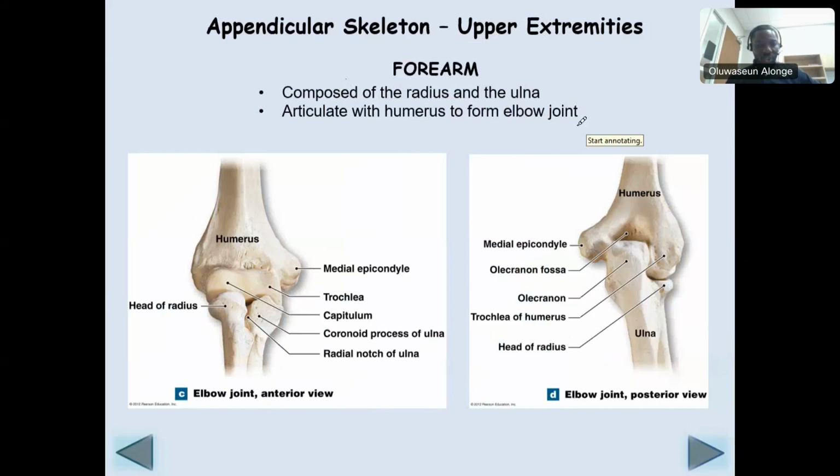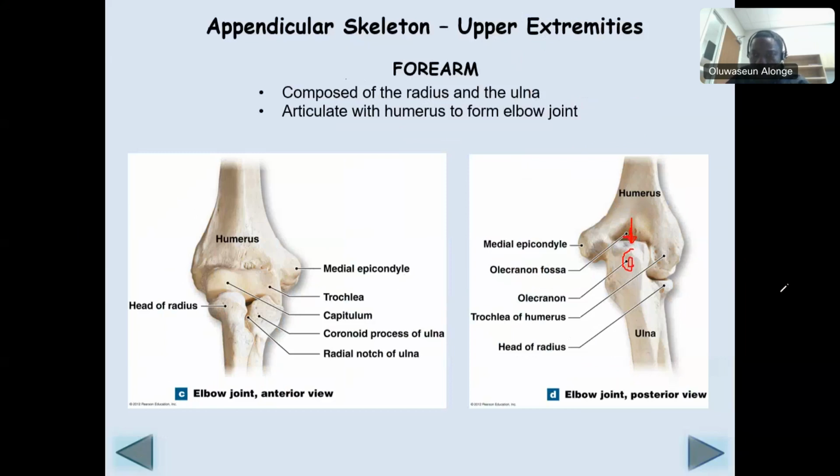And here is what I was showing you on the previous slide: if you look at this posteriorly, this is the olecranon on the ulna, and it fits into the olecranon fossa of the humerus. All right.